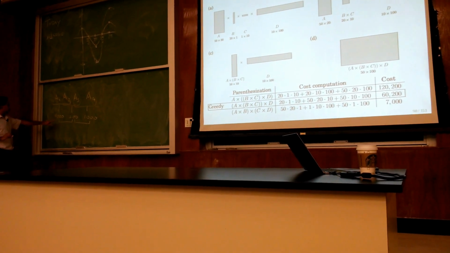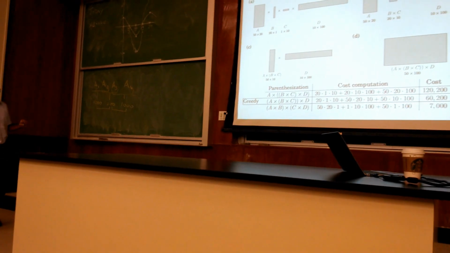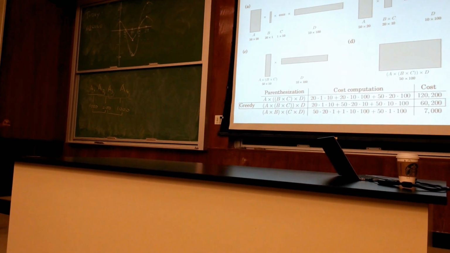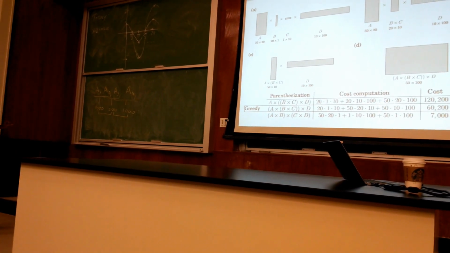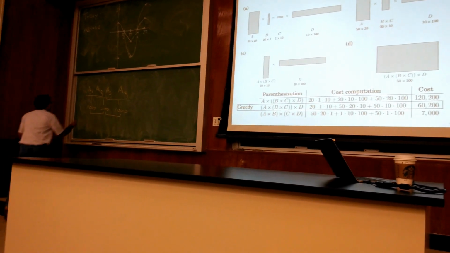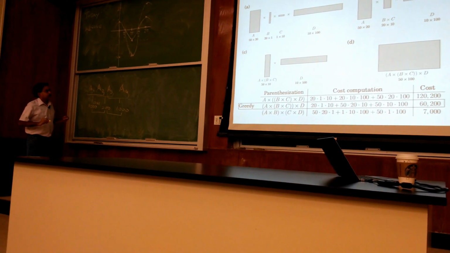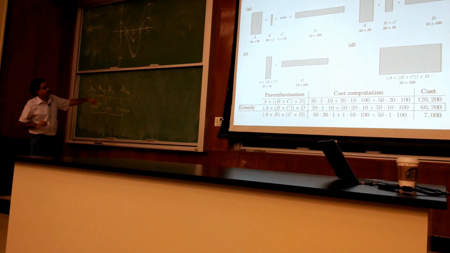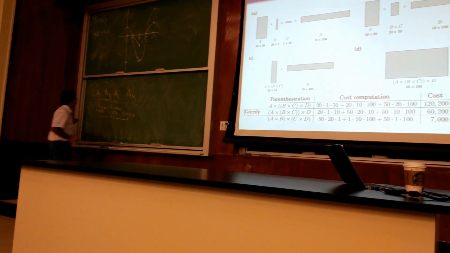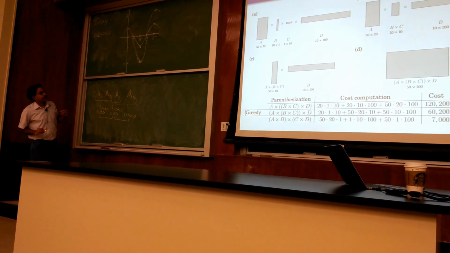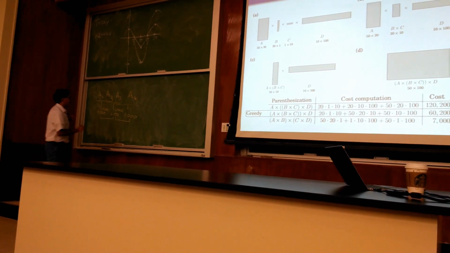A1 times A2 is a 50 by 1 matrix, and this one is a 20 by 10 matrix, and the third one is a 1 by 100 matrix.